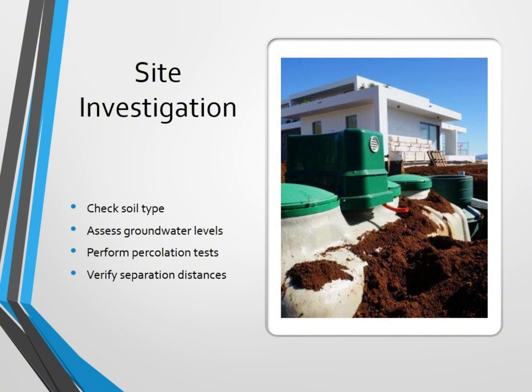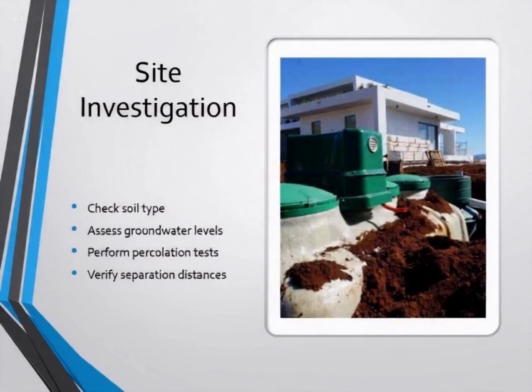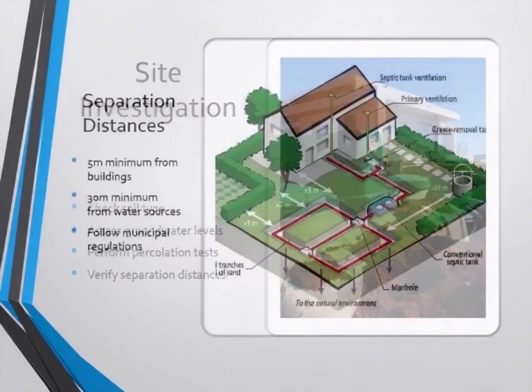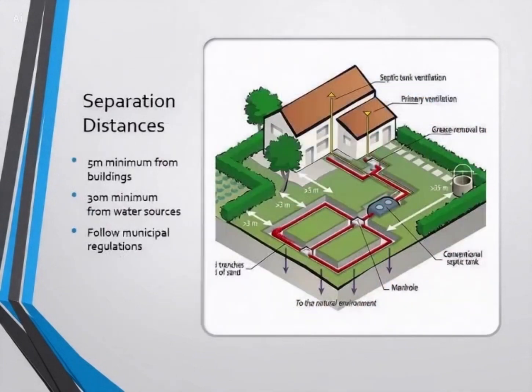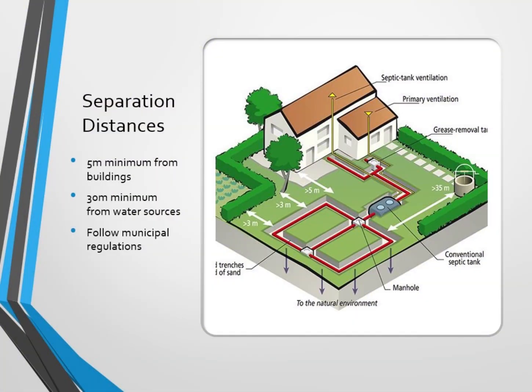This determines whether the soil can absorb effluent efficiently. 4. Separation distances. A septic tank should be located away from boreholes, rivers, buildings, and property boundaries. Typical minimum clearances include a 5-meter clearance from buildings and 30 meters from any water source. Always check local municipal regulations.